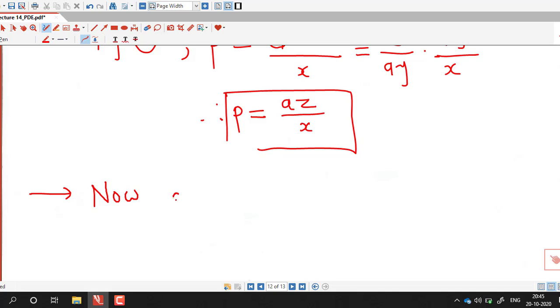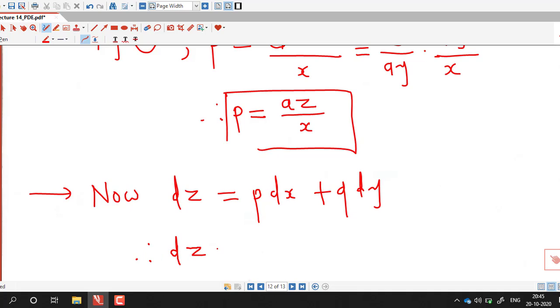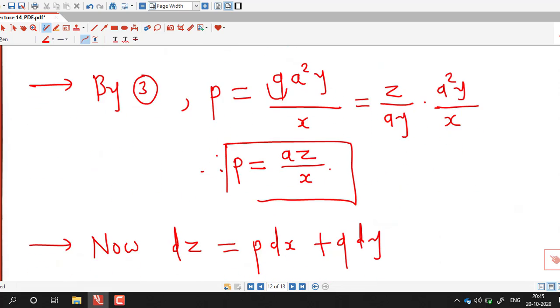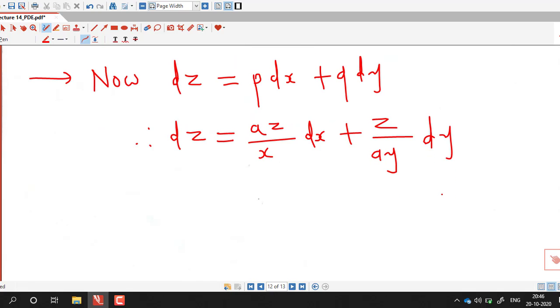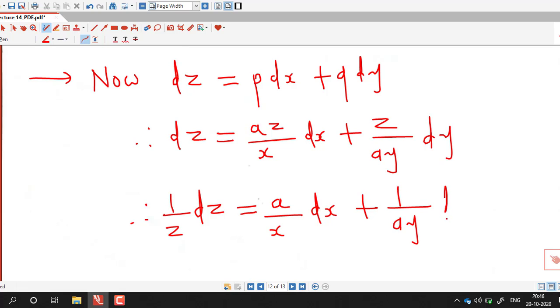So the last step is write dz equal to p dx plus q dy, and then we substitute values of p and q. P is az by x dx, q is z upon ay dy. And this z we can take on left hand side by taking common. So we have 1 by z dz equal to a by x dx plus 1 upon ay dy.